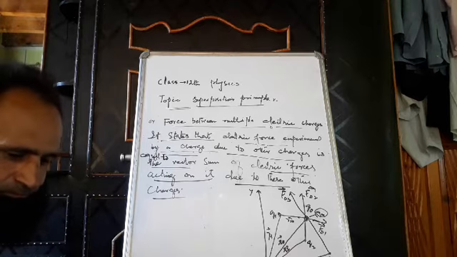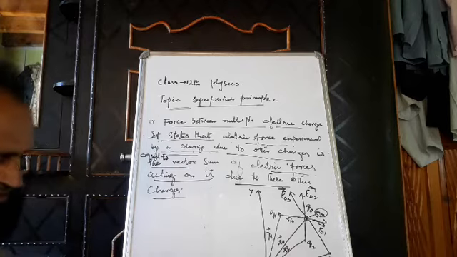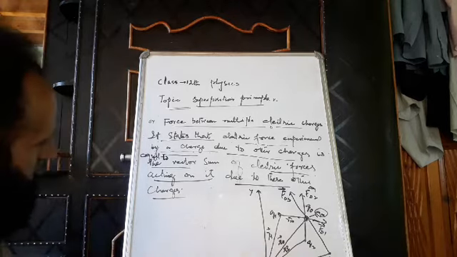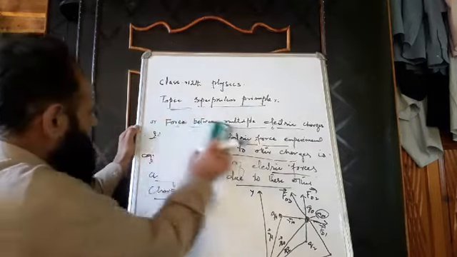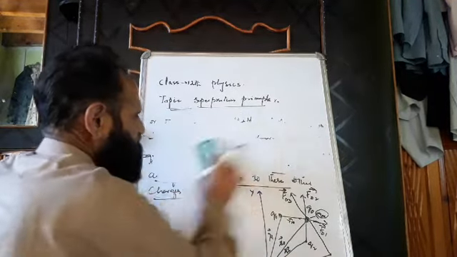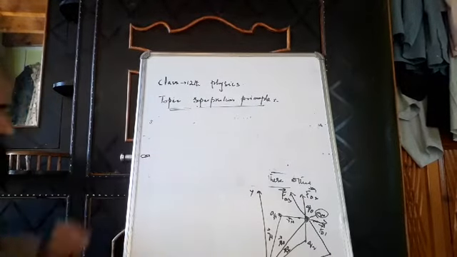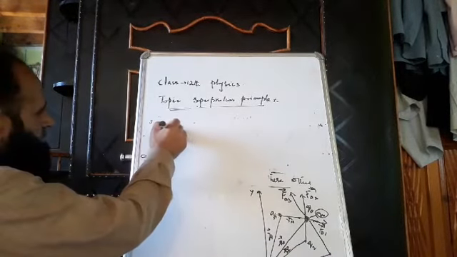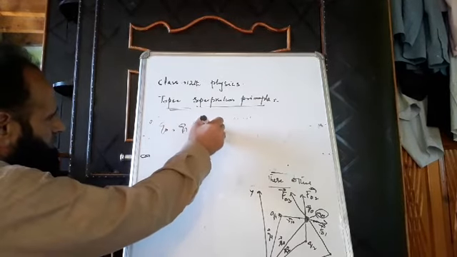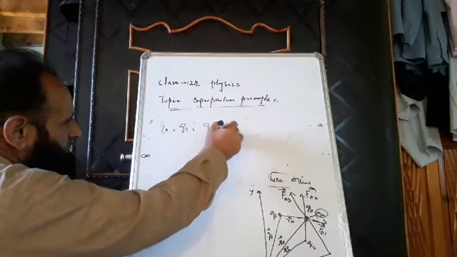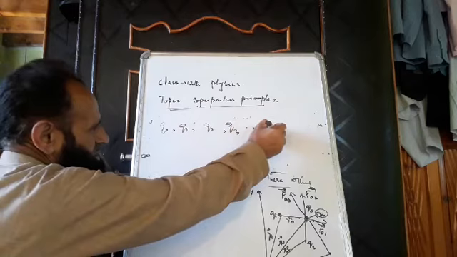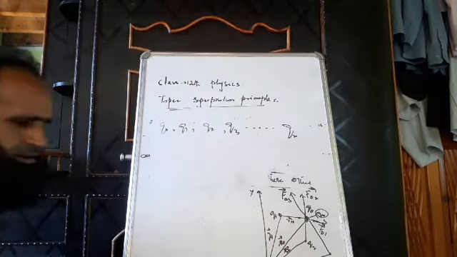Let us take Q0, Q1. Let me rub it off. We have taken many charges: Q0, Q1, Q2, Q3, and we can take up to Qn.